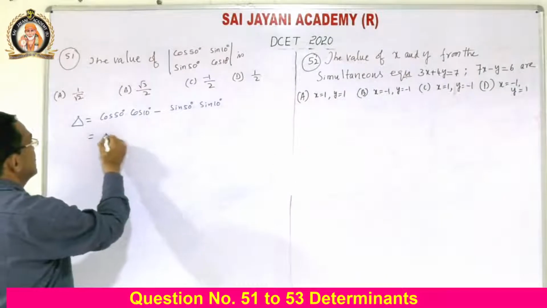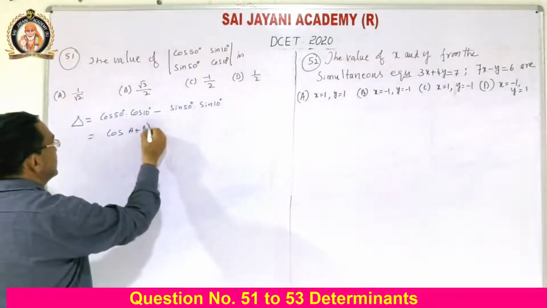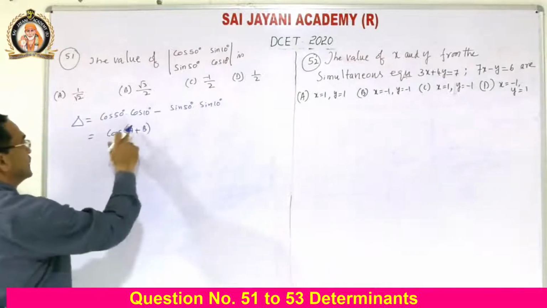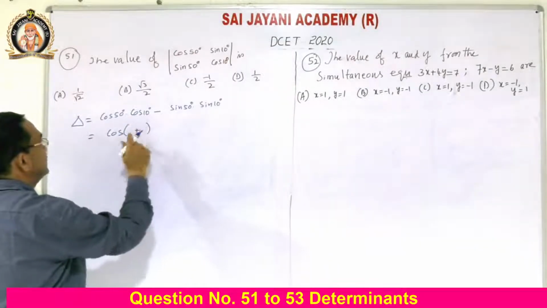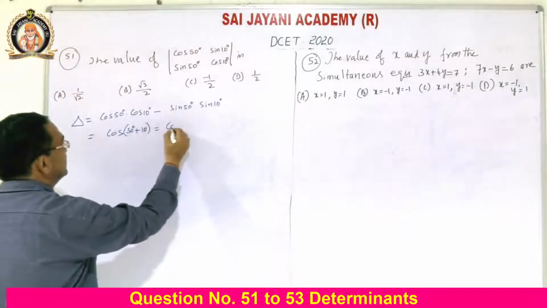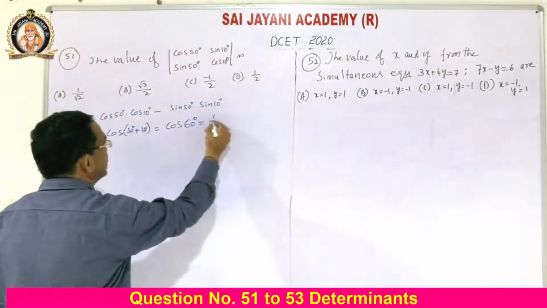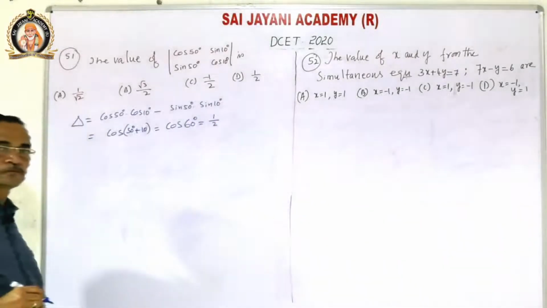We have cos of A plus B, is it not? But what is A here? A is 50 degree, B is 10 degree. That is cos 60 degree, and the value of cos 60 degree is 1 by 2.